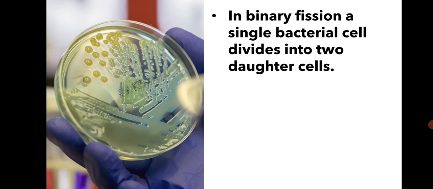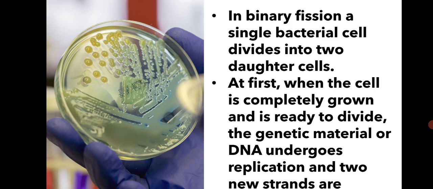Binary fission is a kind of reproduction in which a single bacterial cell divides into two daughter cells. In the very beginning, when the cell is completely grown and ready to divide, the first step is that the genetic material, the nucleoid of the cell, which is nothing but the DNA, undergoes replication, and two strands of DNA are formed.